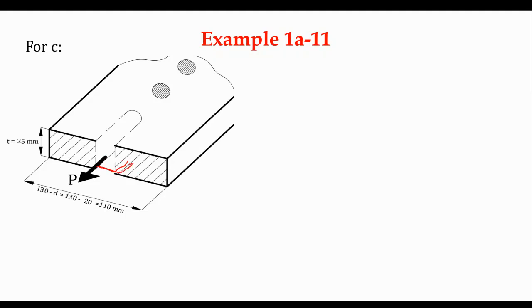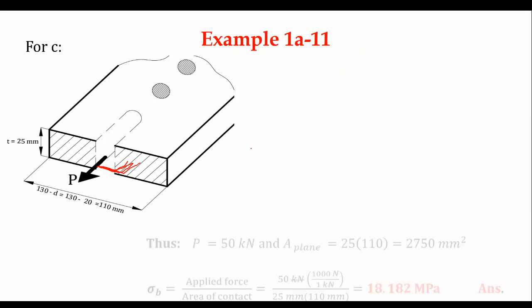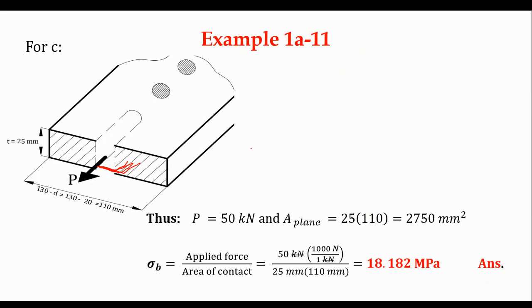Kaya nga, normal stress siya, tensile stress. Okay? So, ang formula is, ito, applied force over area of contact. So, by the way, guys, this is sigma. Kasi normal stress, tensile stress. Applied force over area of contact.